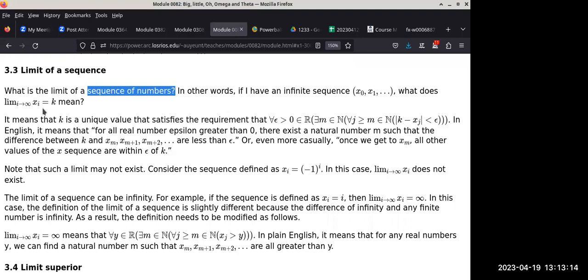Do you remember that this resembles a little bit of how a derivative is defined? Except in that case, they have a delta. So that's how a limit is defined. So this means K is a unique value that satisfies the requirement we just talked about. Are you guys feeling a little bit more comfortable now reading the notation?